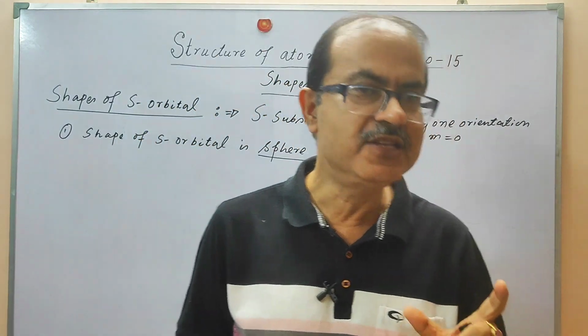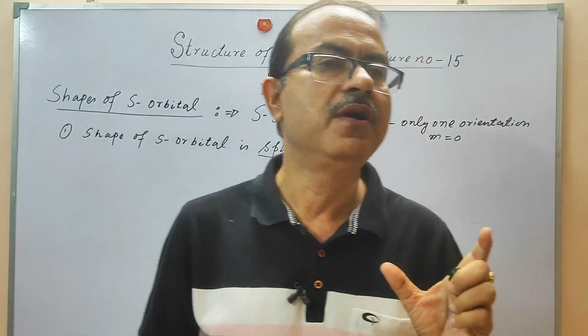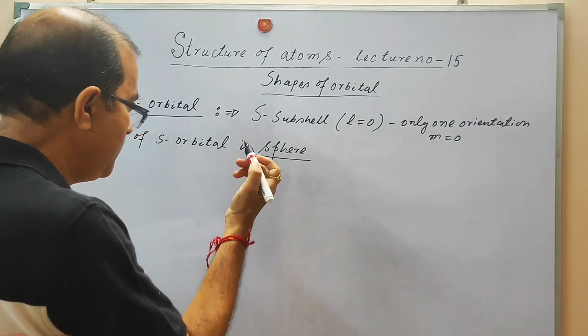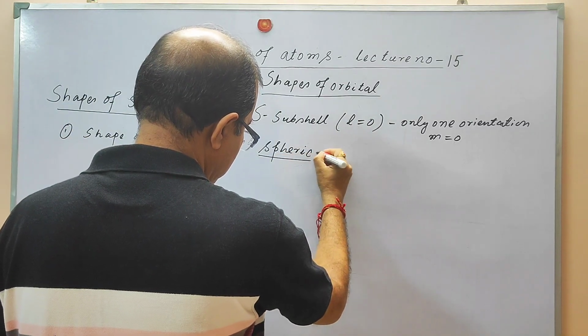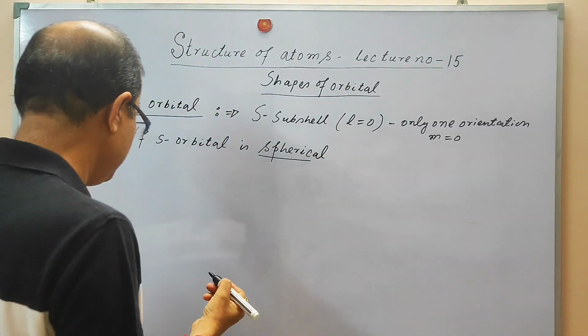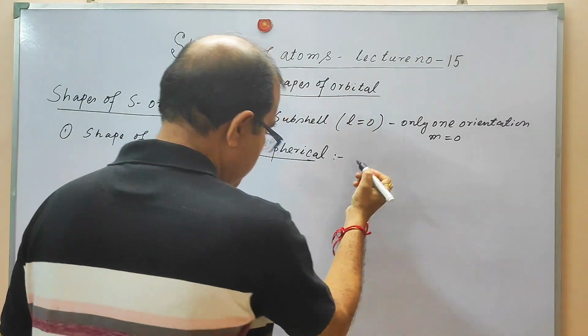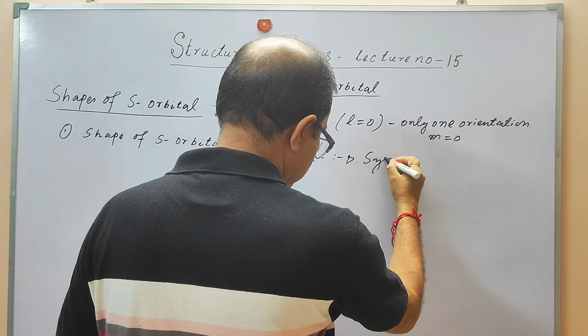If it is spherically symmetric, then what do we understand? When the s orbital is spherical, we can say it is symmetric in all directions.